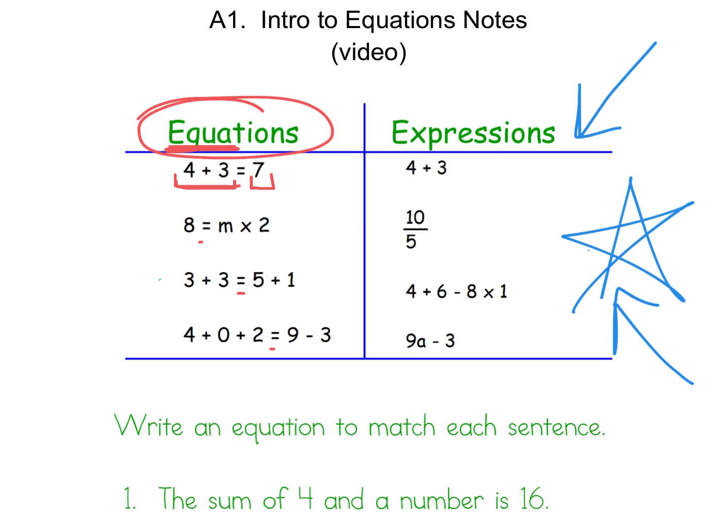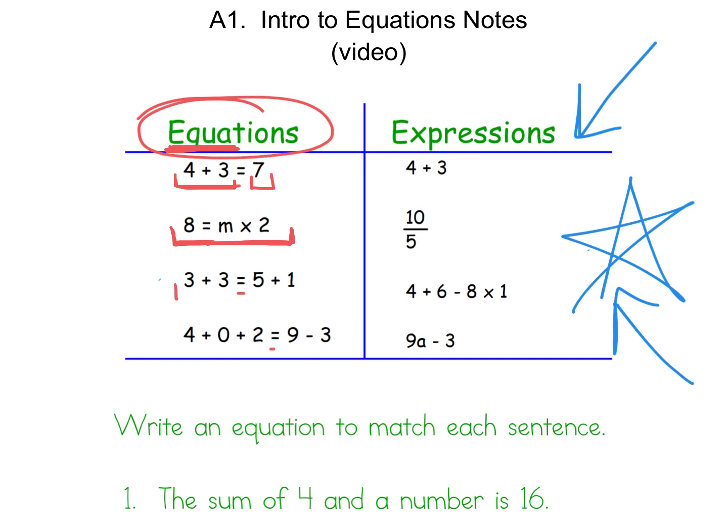Sometimes people tend to think that the equal sign is how you get your answer, and the answer always comes after the equal sign, but that isn't always the case. You can see in the second equation that 8 is equal to m times 2. So sometimes what you might consider the answer comes first and not after the equal sign.